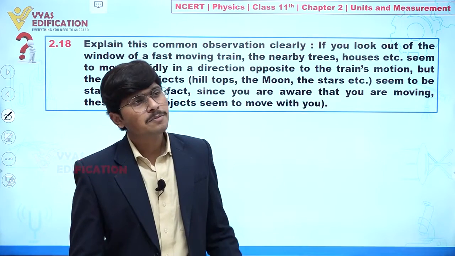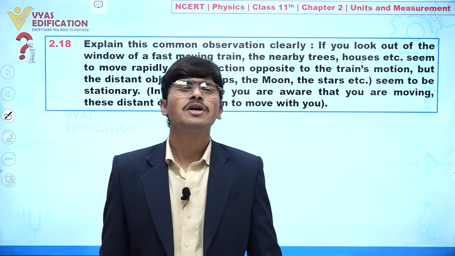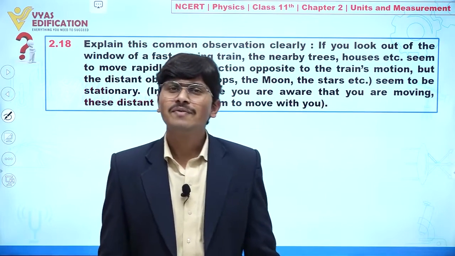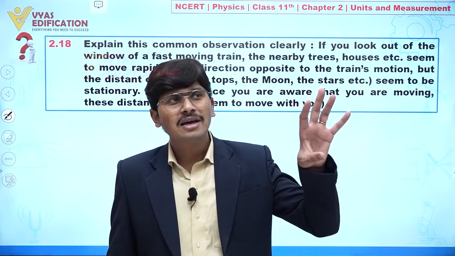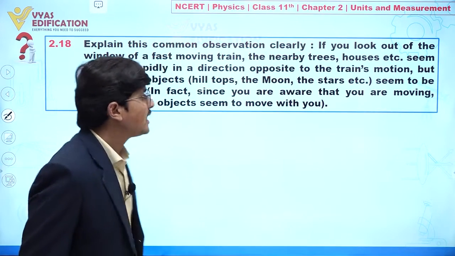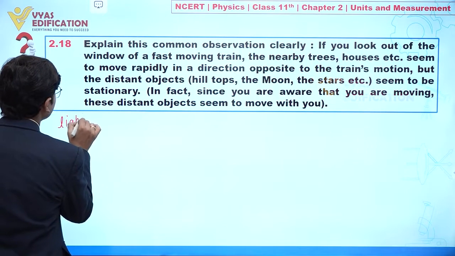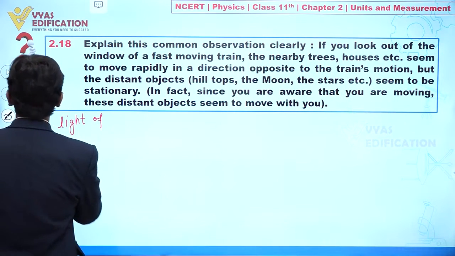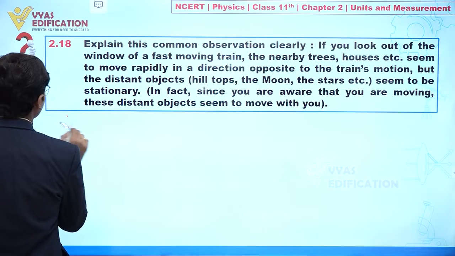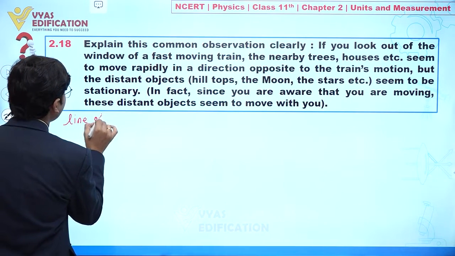And at the same time, if we observe hills, a very distant object, we find that they appear to be stationary. Why is this happening? There is a word you should know here, known as line of sight.